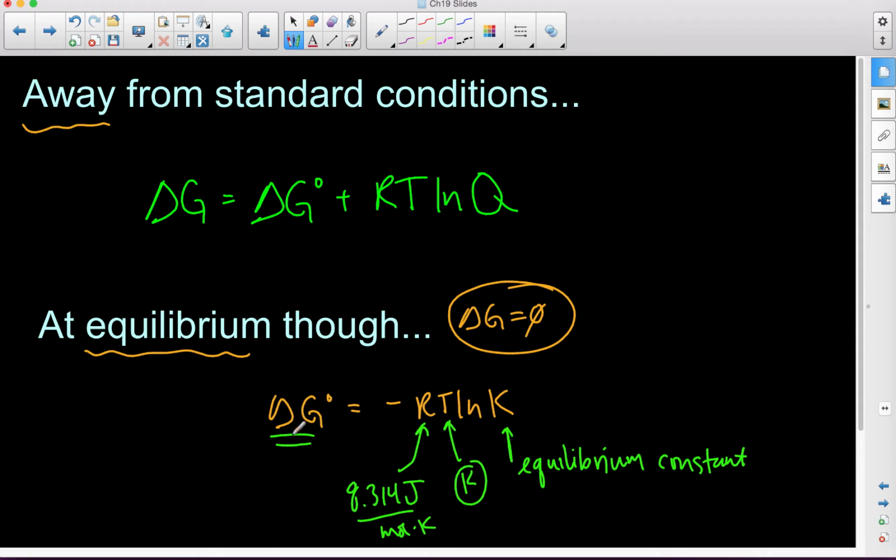Okay? One more time, from the other point of view. If I have a negative delta G, meaning a thermodynamically favorable process, I'm going to end up with a K value greater than 1, which means my reaction favors the formation of product. If I have a delta G value that is positive, I'm going to end up with a K value that is less than 1, saying my reaction favors the formation of reactant.